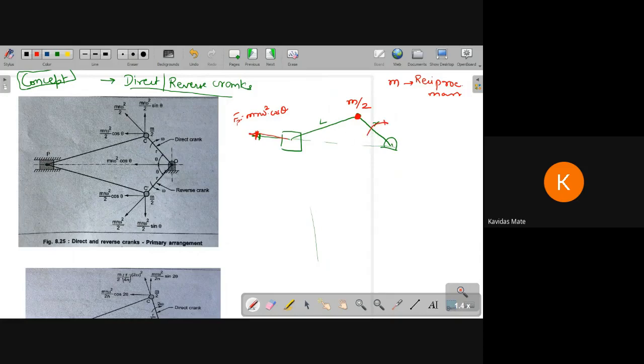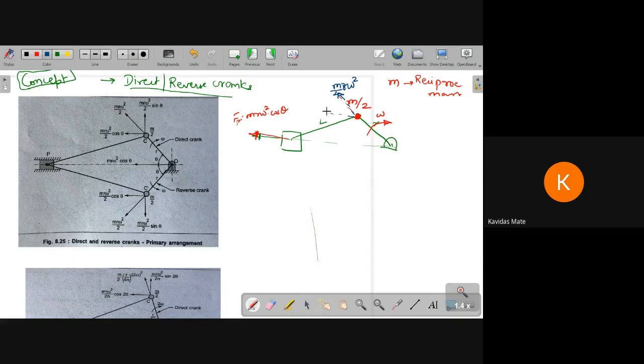Say this engine was rotating in this direction, the mass m by 2 is kept over here. When we look at it rotating about this omega, we come to know that the centrifugal or unbalanced force would be m by 2 r into omega square, going along this line of action.